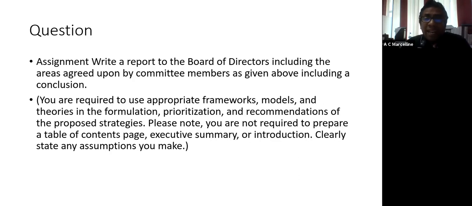So don't go and explain, as you're aware, this company is not doing so great. We had only 18% of occupancy last time. We were contributing 26%. No, don't write those because it's been already talked about in the case. That means the directors know about it. So give new details.